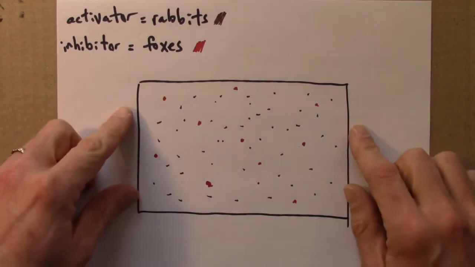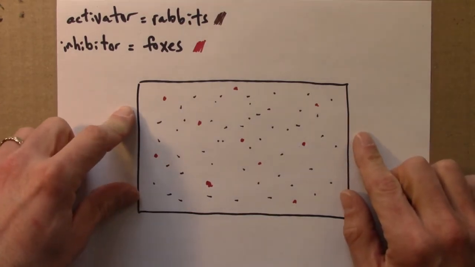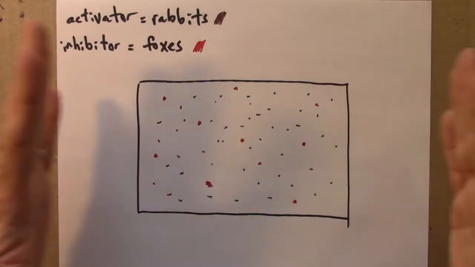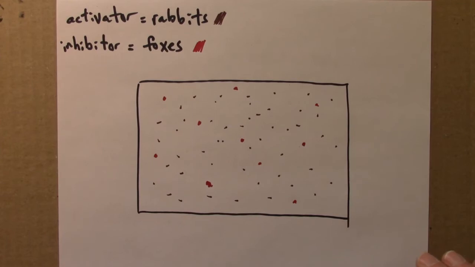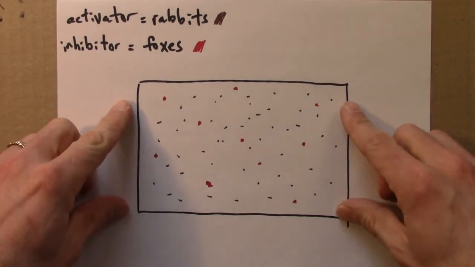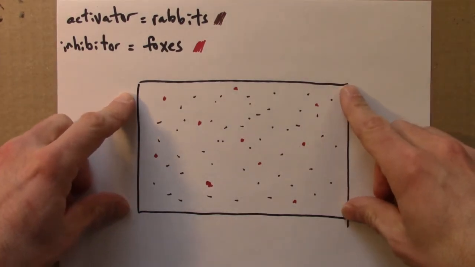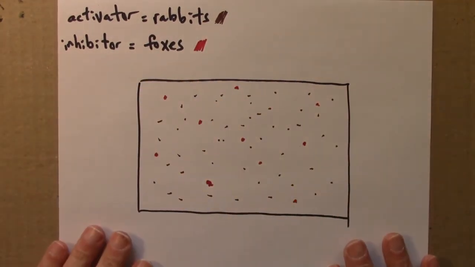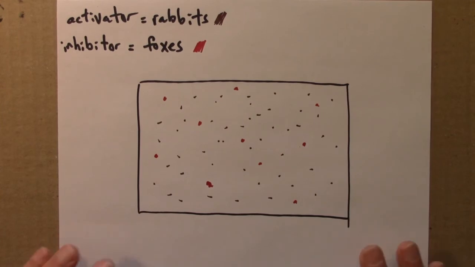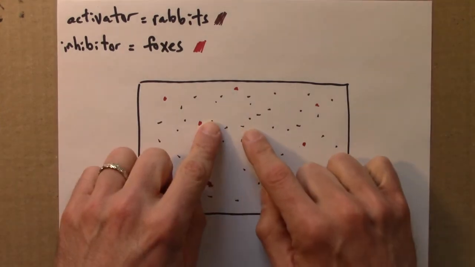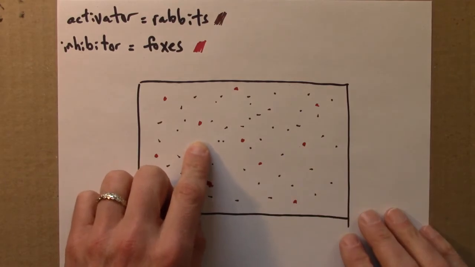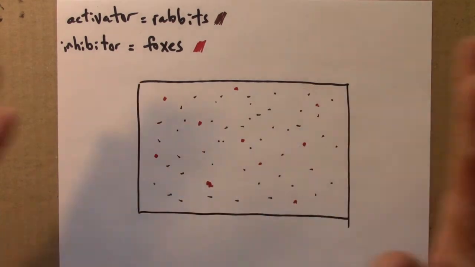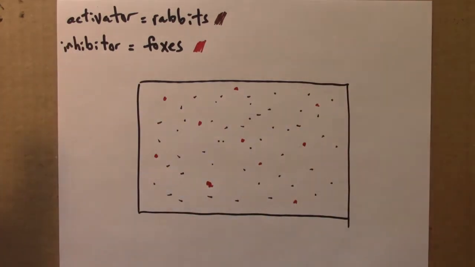All right, so the foxes and rabbits diffuse around, and maybe the foxes and rabbits both don't like to be crowded, so they're going to move away from too dense regions to farther out regions. And we might expect that after a little while, if we just started this, we would see a uniform distribution of rabbits and foxes throughout this world. It would be counterintuitive, surprising to see clusters of rabbits and clusters of foxes, because the picture here is that these rabbits or foxes or chemicals diffuse out, and diffusion smooths everything out.